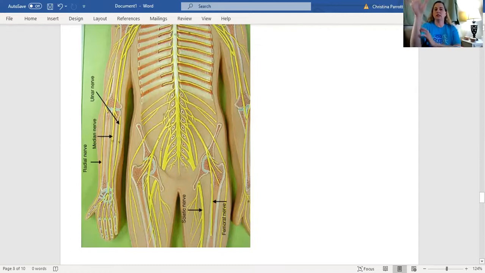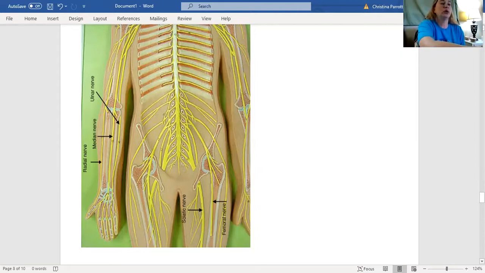So radius is going to be on the thumb side. So this is your radial nerve. Towards your pinky side, this is going to be where the ulnar bone sits, the ulna. So this is going to be your ulnar nerve. And going down the very center of the forearm is going to be your median nerve. So on thumb side is your radial nerve. Pinky side is the ulnar nerve. And straight down the middle is going to be your median nerve.